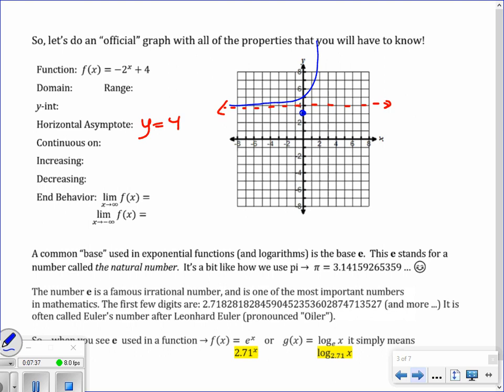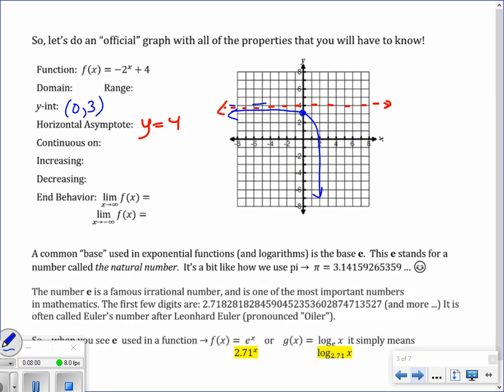But it's been flipped over. So now it's going to be looking like this. Right, and we're not going to worry about the x-intercept for now, but the y-intercept you can clearly see is 0, 3. So you can get the y-intercept by plugging in 0, or if you get it on your graph, you got it.